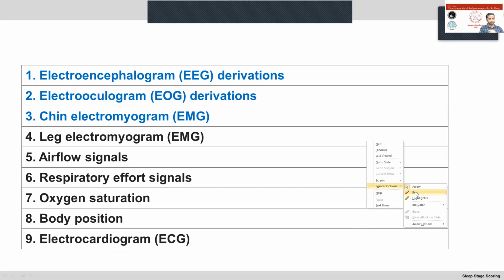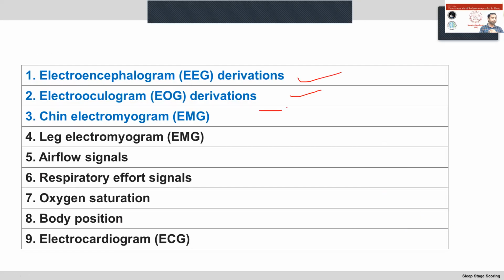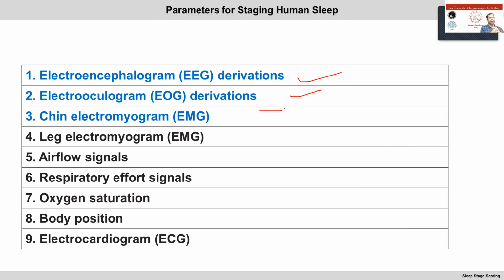EEG is very important, and we must have at least 3 electrodes: frontal, central, and occipital. For EOG, 2 electrodes must be there, and for EMG at least 2 electrodes should be there for scoring.